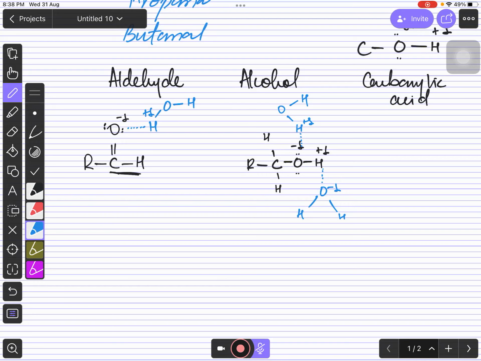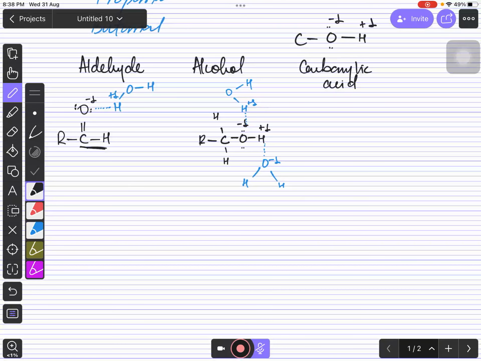But if you talk about carboxylic acids, it will be like this, right? Carboxylic acid, it is like this. So you know that due to the lone pair, it is partial negative. And because this hydrogen is attached with oxygen, there is a difference in electronegativity, so it is partial positive. So over here, one water molecule can hydrogen bond with this oxygen, right?